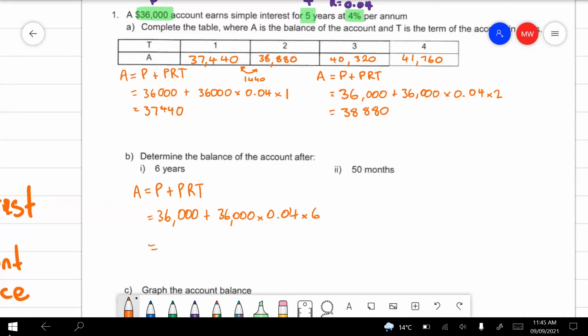Put it in your calculator and it will be $44,640. The last question here, it's for 50 months. So when we do this one, this is the trick question for the time here. Some people won't know how to write this in as time. So let's just keep with our formula. We've got still the same principal.